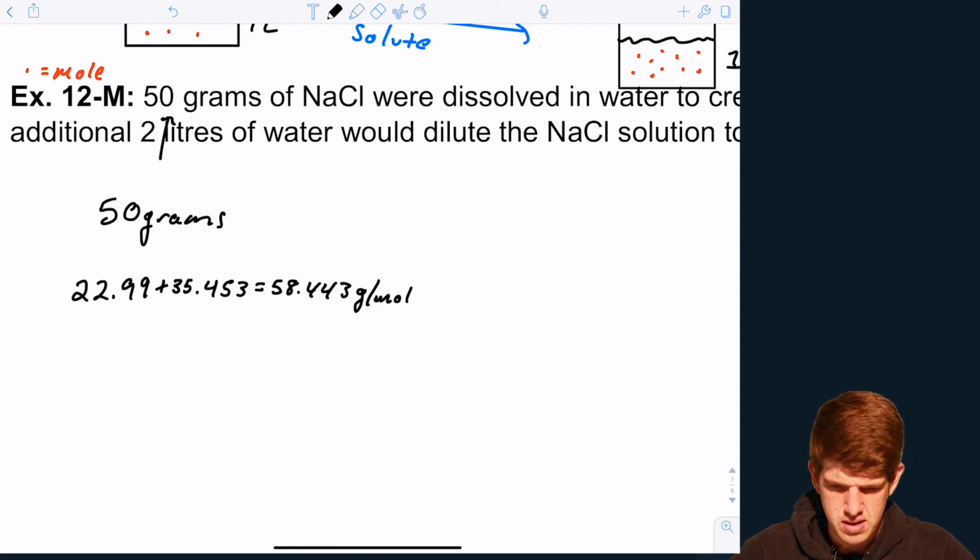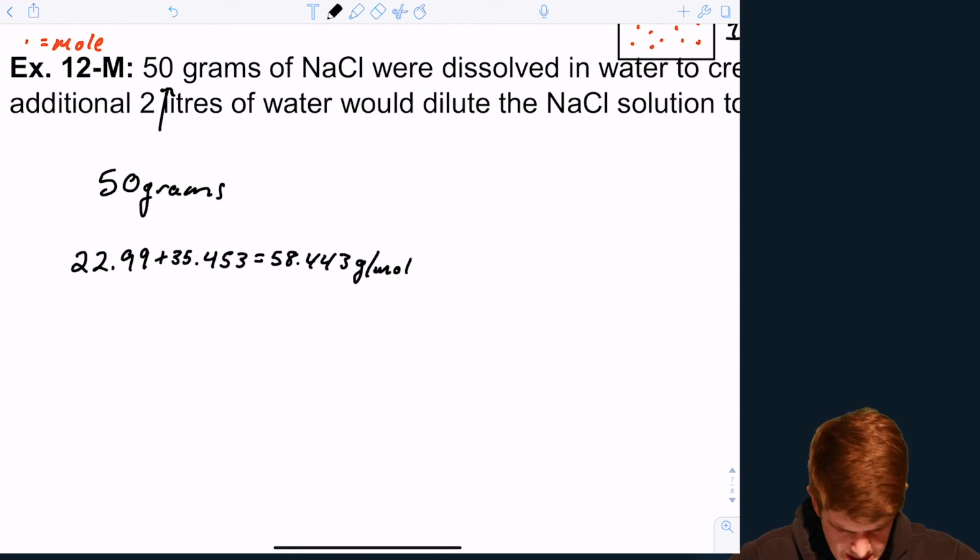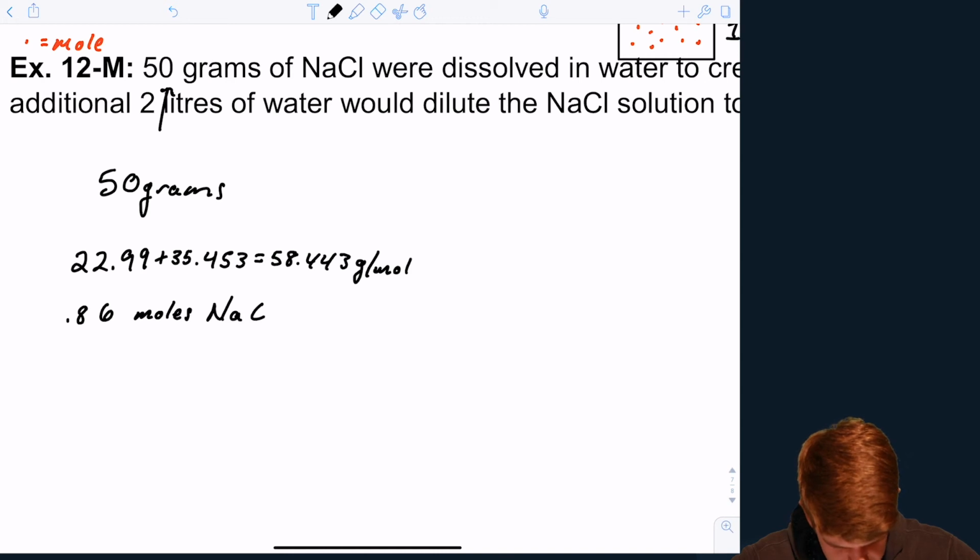So 50 divided by that number would give us the number of moles, which is 0.8555. I'm just going to say 0.86. And of course, that is the number of moles of NaCl.